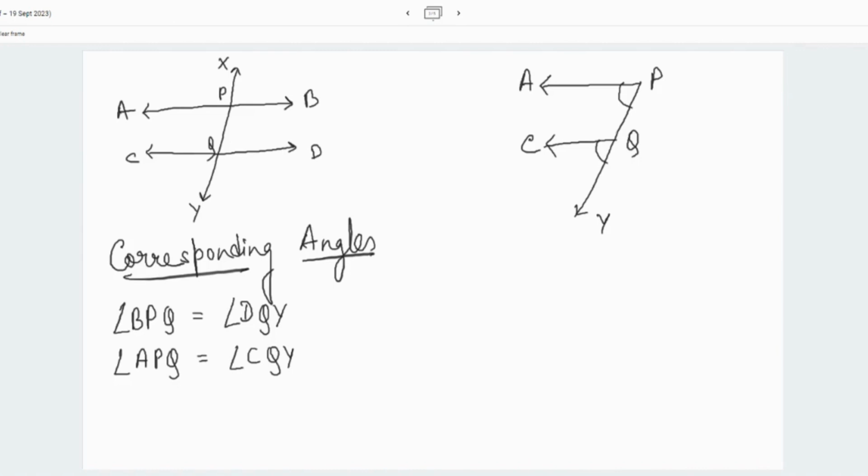We are writing it here. And both the pairs lie on the same side of the transversal.